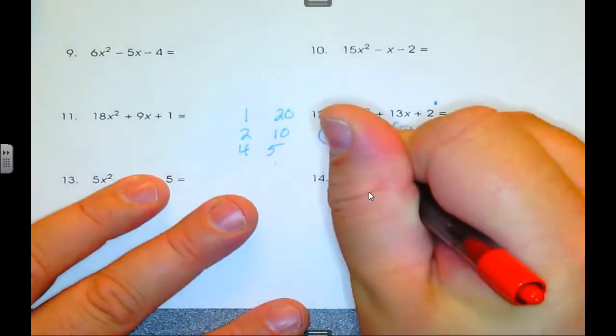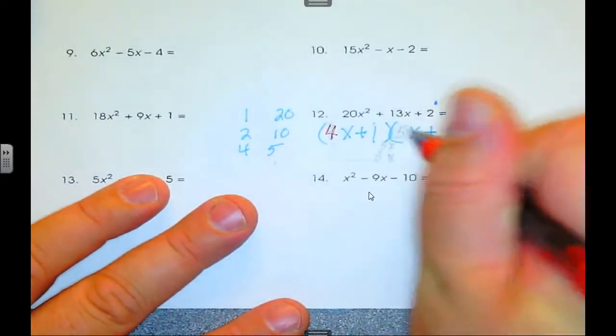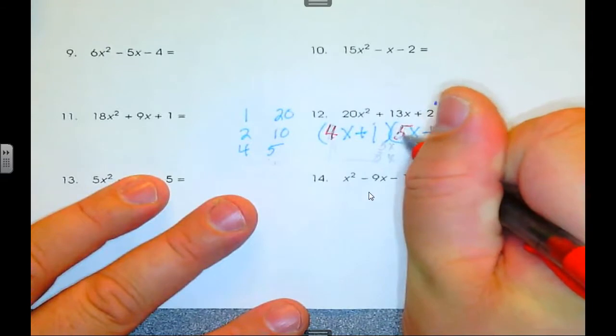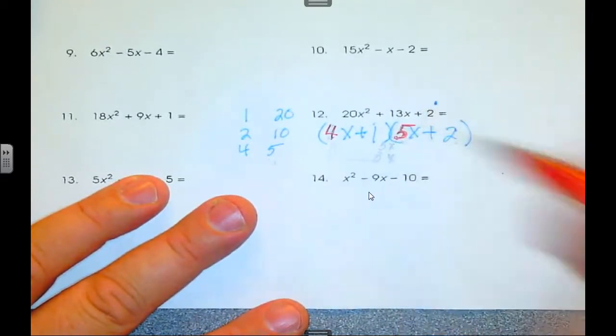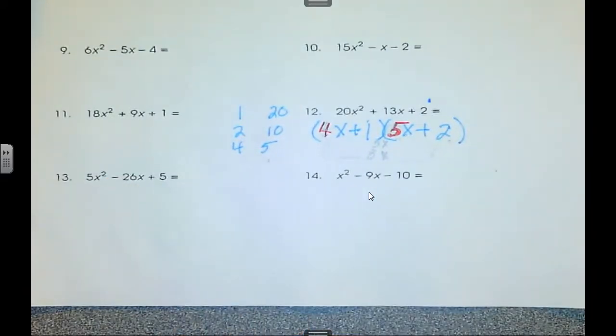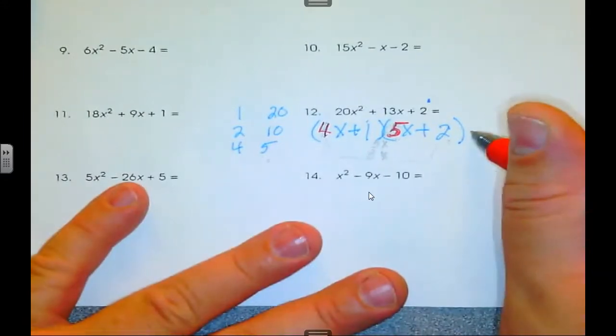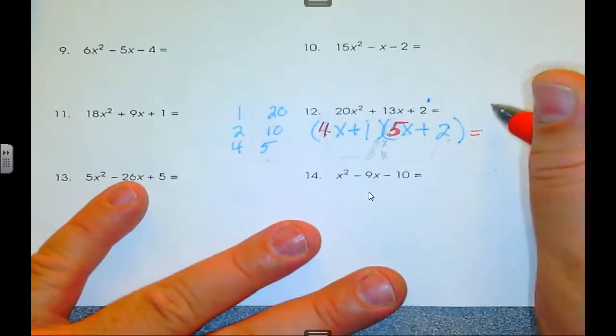So my 4 goes here, and my 5 goes here. My outer and my inner. Let me show you what I did.